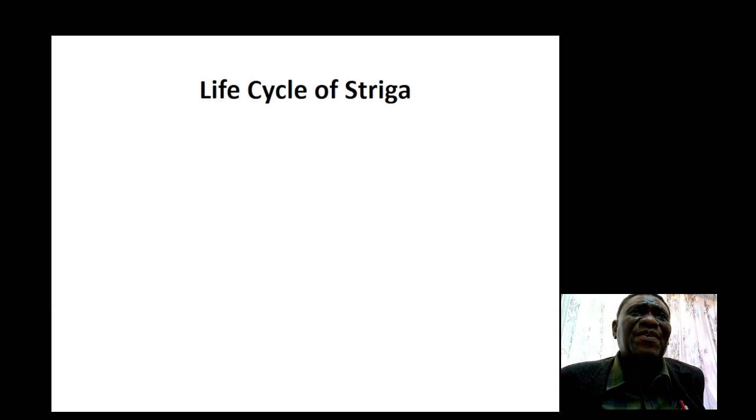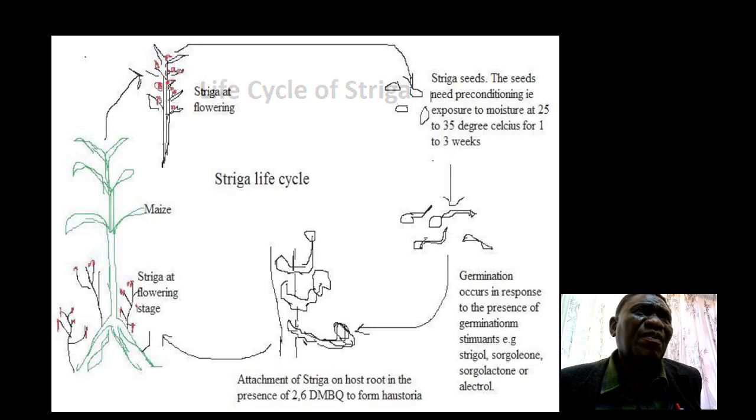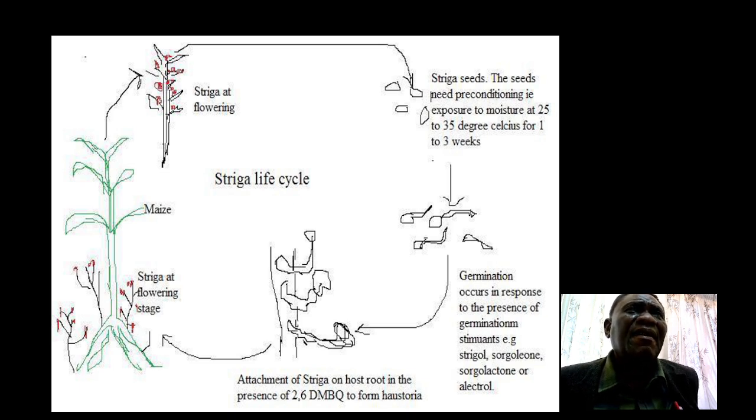Let us look at the life cycle of the parasitic weed. We should start with the seeds. Now for the seeds to germinate, they need what is known as preconditioning. That is exposure to moisture at 25 to 35 degrees Celsius for 1 up to 3 weeks.